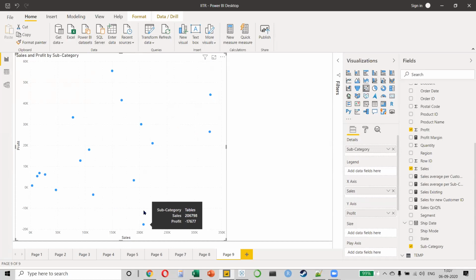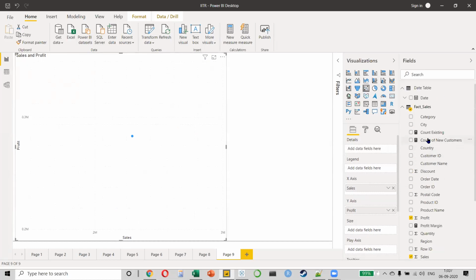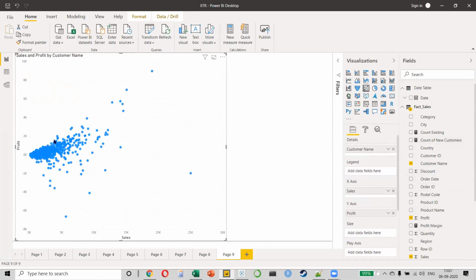It is 2 lakh, but the profit is a negative profit at minus 17,000, correct? Okay. But if I keep my customer, what's going to happen is it is going to make 793 of these for me because it is going to show me every single customer in my business. So far, so good.